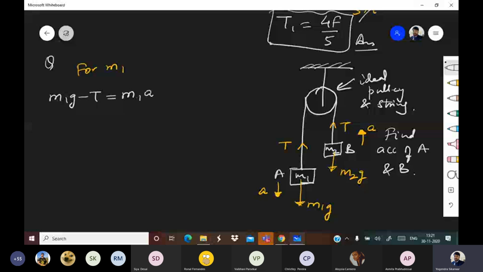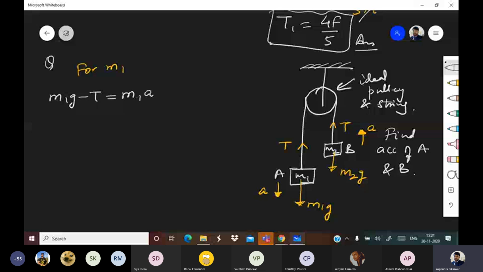So if acceleration of M1 is downward, that means the downward force should be effective, or more powerful. That's why I have written it first and I have considered the downward direction as positive, because it is accelerated along the downward direction. So M1G, which is downward, minus T, because T was upward, is equal to M1 into A.